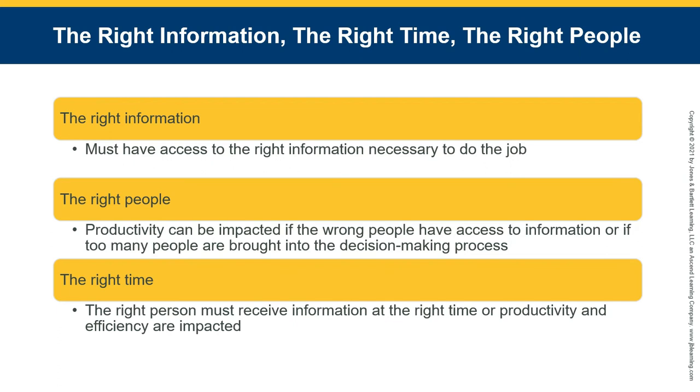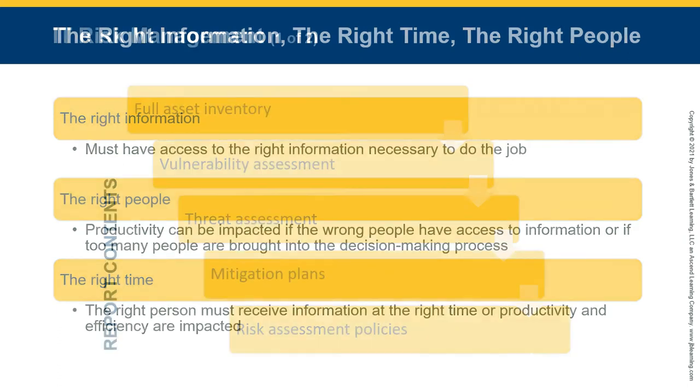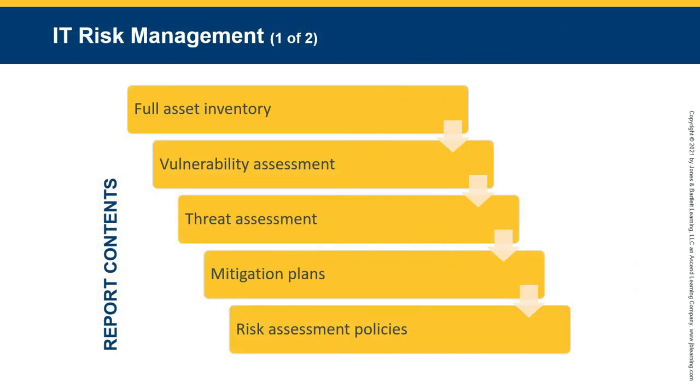The right people: productivity can be impacted if the wrong people have access to the information or if too many people are brought into the decision-making process. The right time: the right person must receive the information at the right time or productivity and efficiency are impacted. So these are some of the things we have to keep in mind when we're granting rights to data. When do they have it?